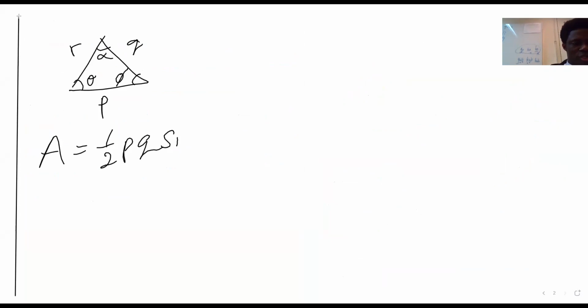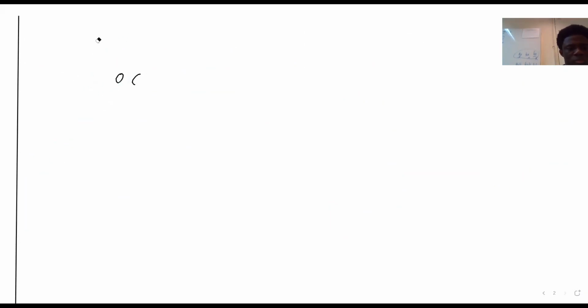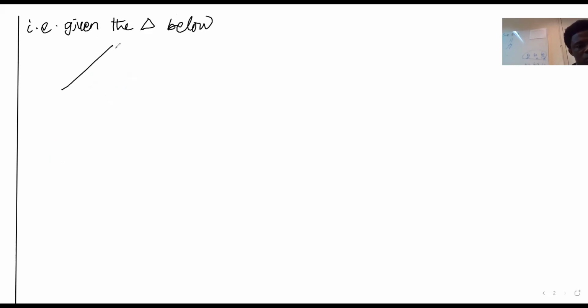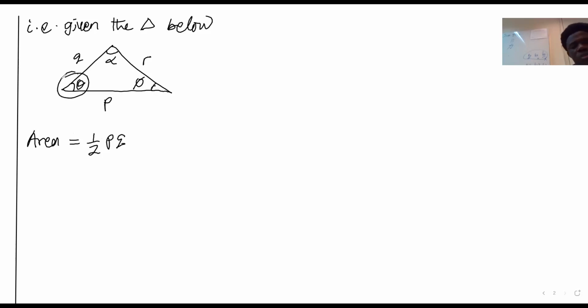Given the triangle below with theta, alpha, and phi, where the sides are P, Q, and R. Area, if you use P and Q, the angle between them is theta, so it will be sine theta.